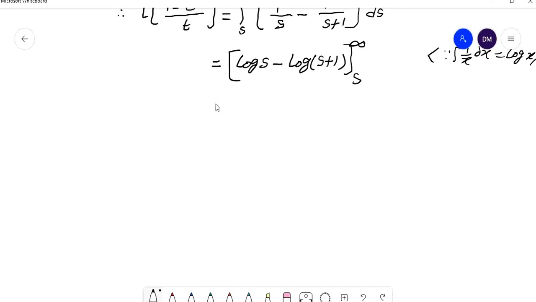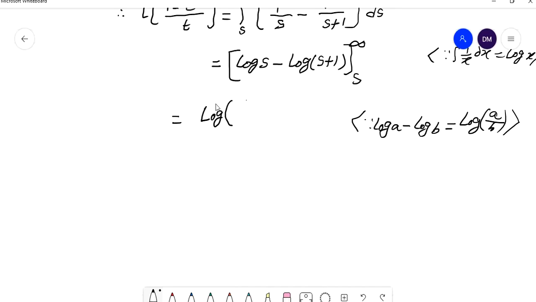So see here, this is in the form of log a minus log b. How can you write log a minus log b? Log a minus log b can be written as log of a by b. So I can write this as log of s by s plus 1.